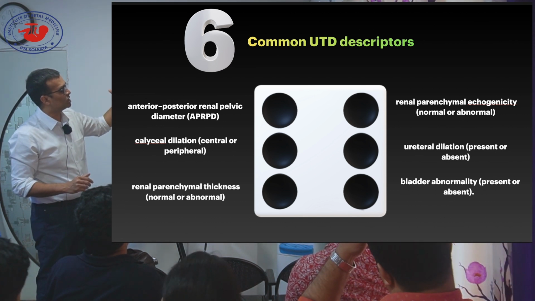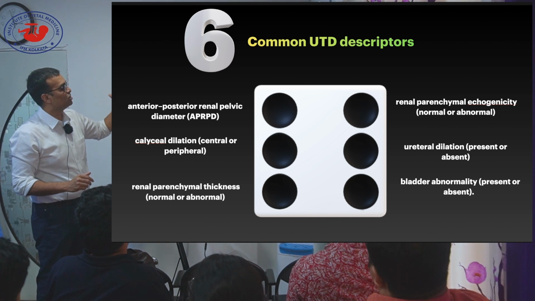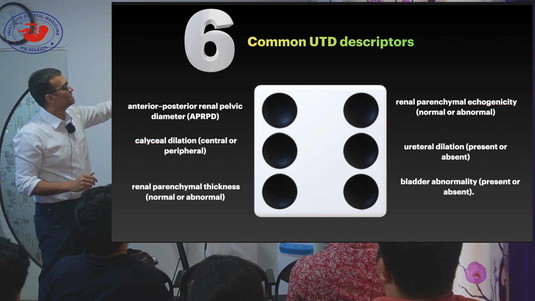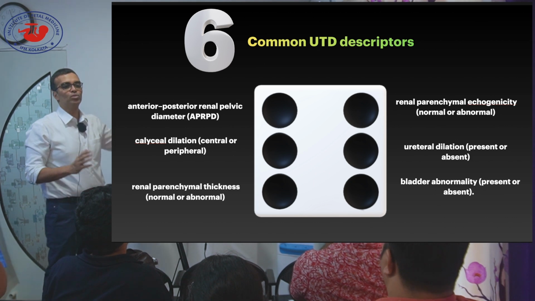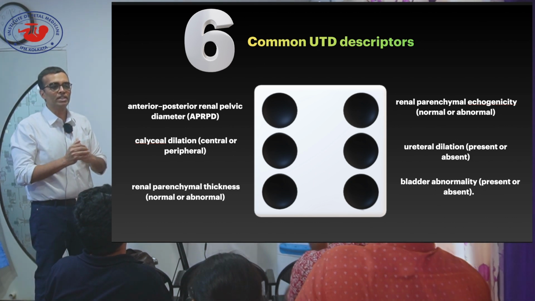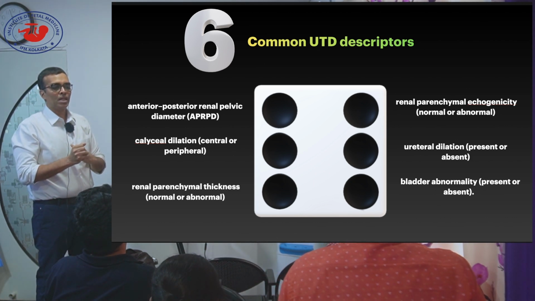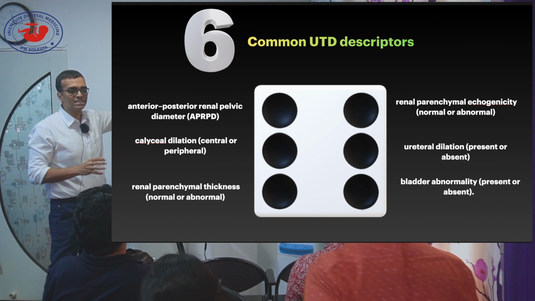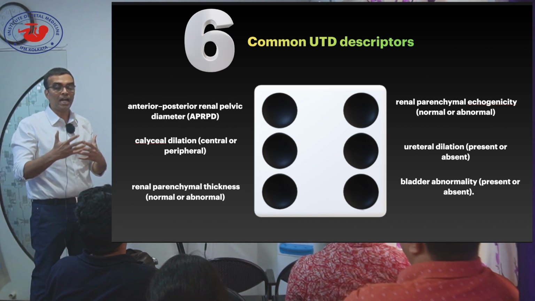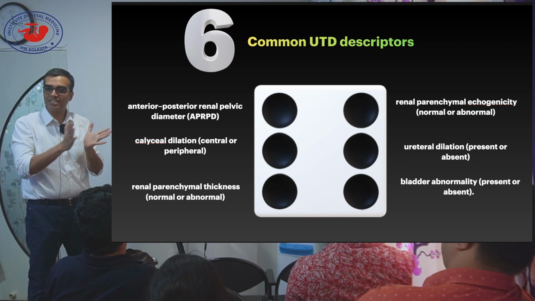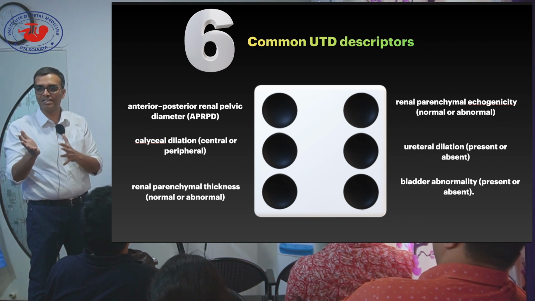Then you will come down to the ureter, and then you will come down to the bladder. So these are the 6 things which you will try to see each time when you look at the fetus with urinary tract dilatation. Because when you see all these 6 variables, then only you will be able to classify and risk triage them, whether it is in the low risk category or high risk category, right?